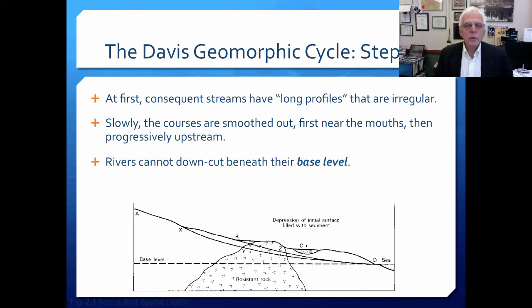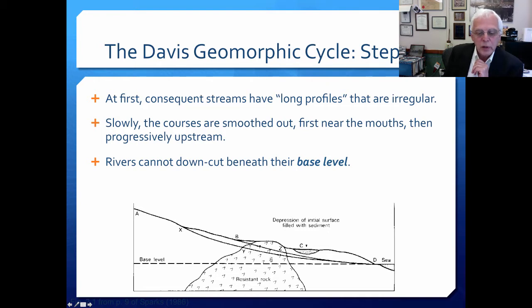So in step 2 of the geomorphic cycle, however, the consequent streams change from having long profiles that are irregular, and they do this first near the mouths and then progressively upstream, and work their way through softer material. And sometimes they will simply go around resistant surfaces.